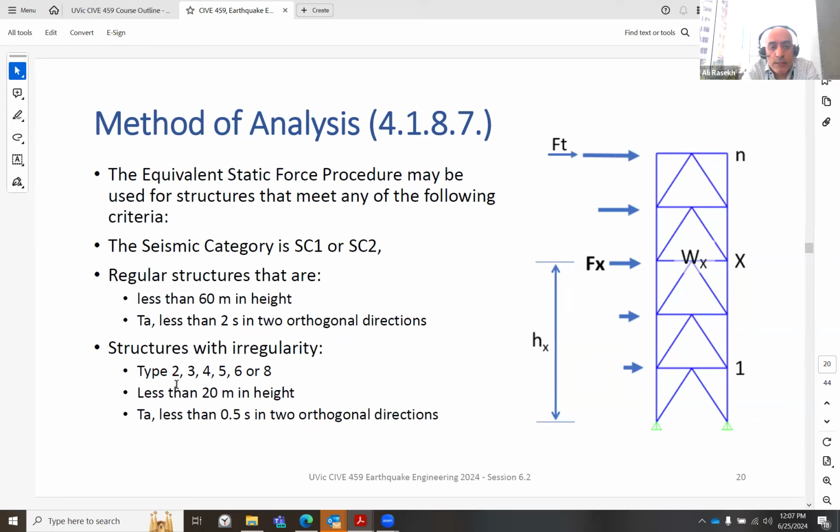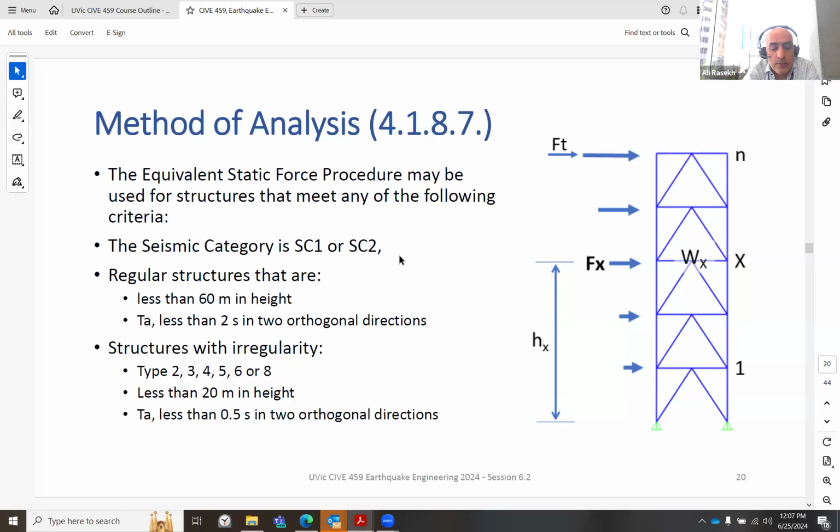The equivalent static force procedure may be used for structures that meet any of the following criteria. The seismic category should be seismic category 1 or 2. So that simplified solution, how we distribute the load in height, which is by a couple of equations, has limitations. It's only applicable in seismic category 1 or 2.